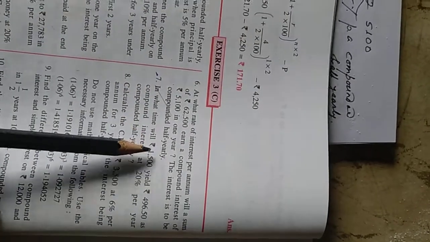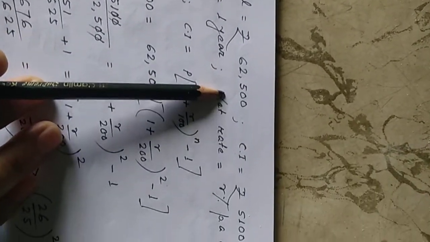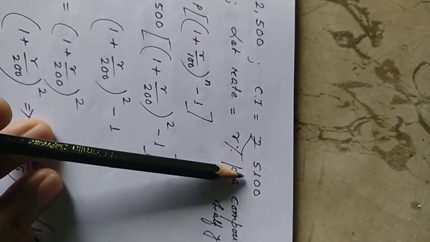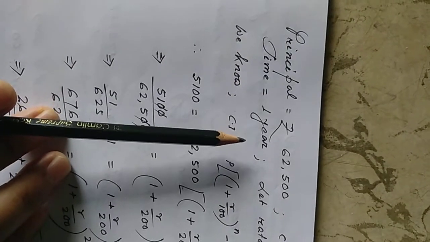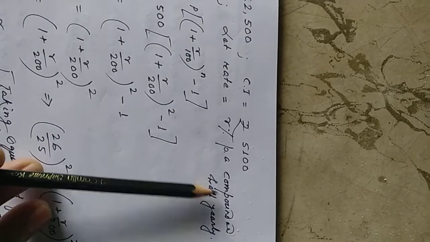So here you see that rupees 62,500 is the principal, and this 5,100 is the compound interest, and the interest is to be compounded half yearly. Now we have to find the rate. So principal equal to rupees 62,500, compound interest equal to rupees 5,100, time equal to 1 year. So let the rate equal R% per annum, compounded half yearly.